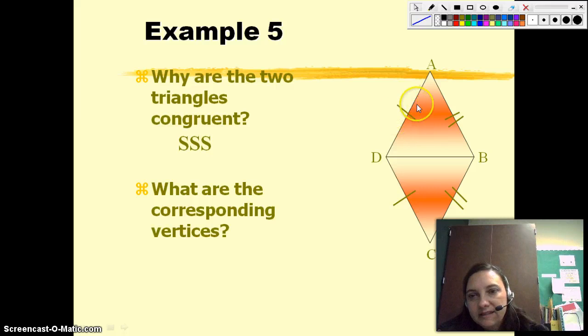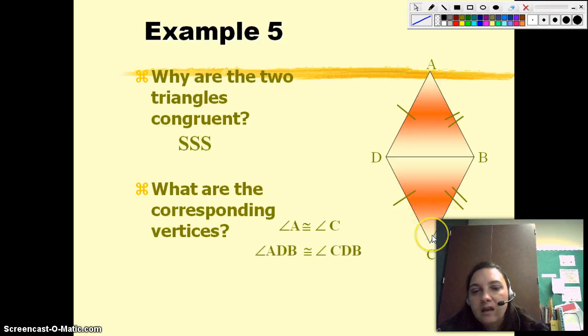Well, if I look at this side marked with the 1, I'm going to look across it, and that's going to be this angle here. So it's going to be angle ABD. Well, I guess they start off with the easy one, A and C. So A is up here at the top, and that corresponds with C at the bottom. And then I get ADB, and that's going to correspond with CDB.